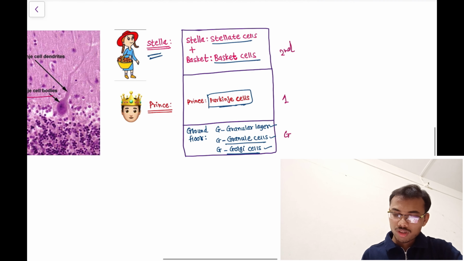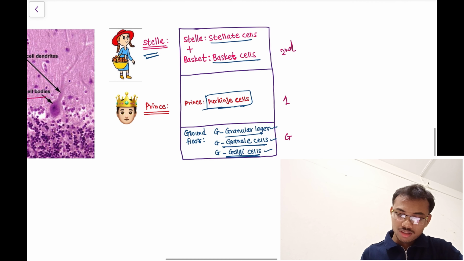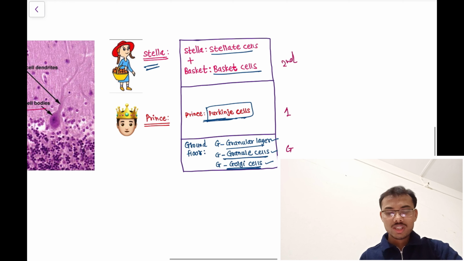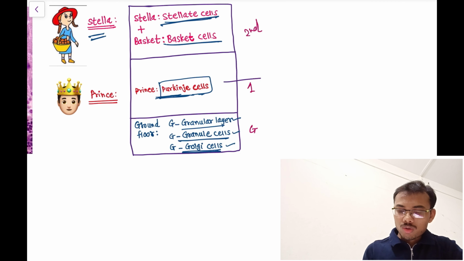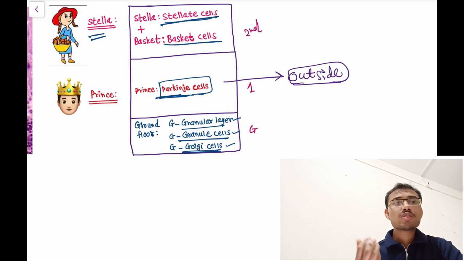This one is the ground floor, which contains the granule cells and Golgi cells. Then this one is the Prince, that is the Purkinje cells. And then this one is Stella, who always carries a basket, so stellate cells and basket cells. And one more thing to remember here: this Prince always goes outside to bring gifts for Stella.